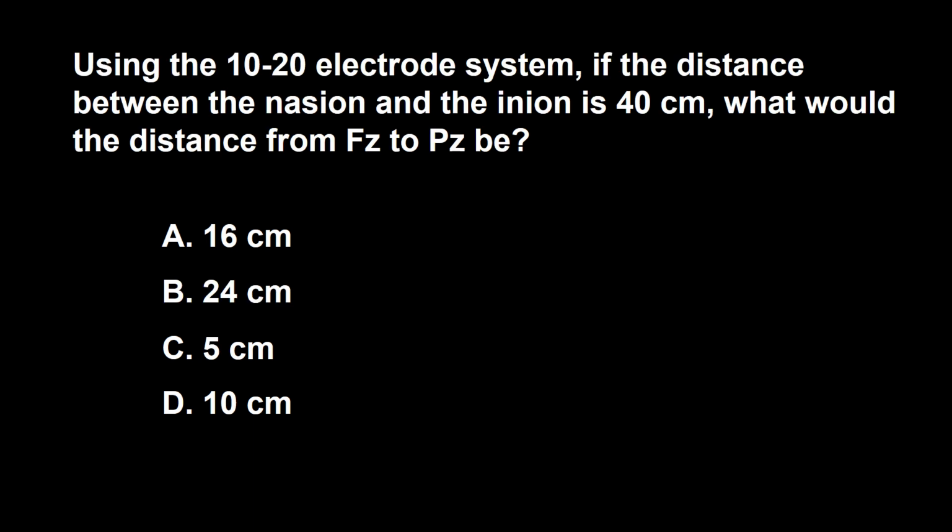Using the 10-20 electrode system, if the distance between the nasion and the inion is 40 centimeters, what would the distance from FC to PC be? A, 16 centimeters; B, 24 centimeters; C, 5 centimeters; D, 10 centimeters.